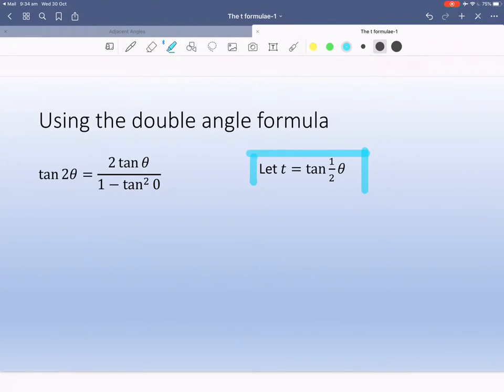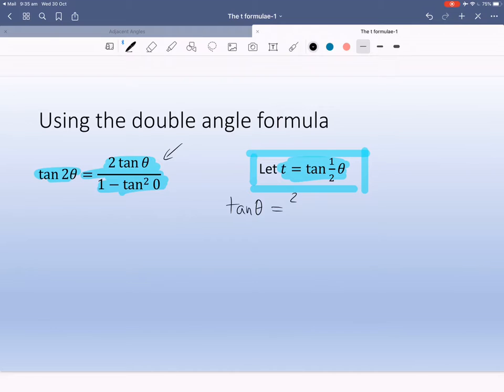So this is our substitution. We're going to let t equal tan of a half theta. With that, we can use this double angle formula to get what tan theta is. So what's tan theta? Well, tan theta will be double the angle that half theta will be. So all we're going to do is use the same formula here.